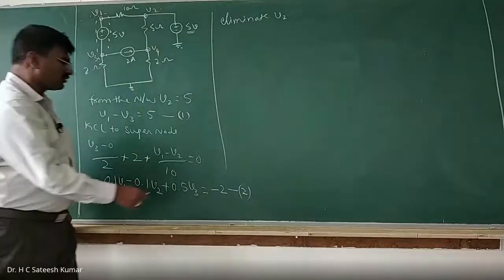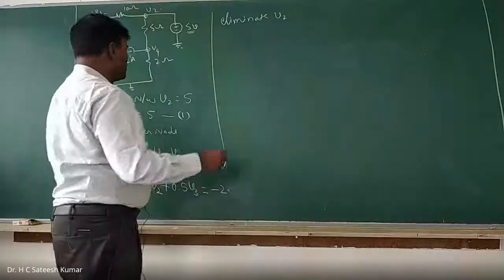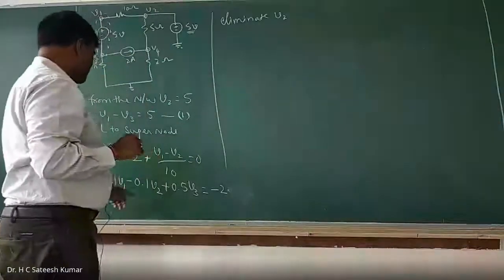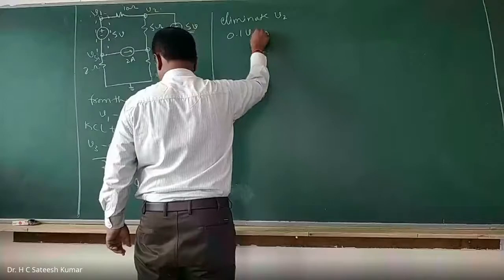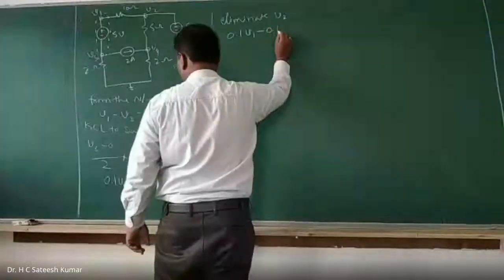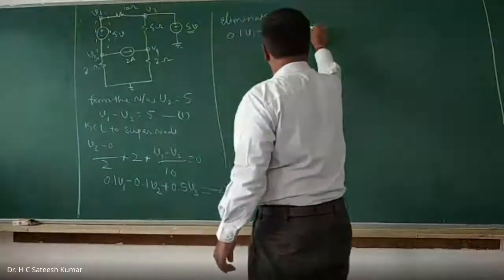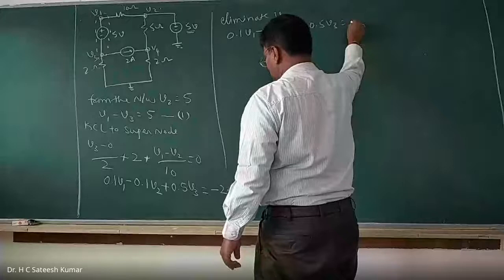Before calling this equation number 2, eliminate V2 so that we will get 3 equations. If you eliminate V2, what will you get? 0.1 V1 minus 0.1 into V2, which is 5, plus 0.5 V3 is equal to minus 2.